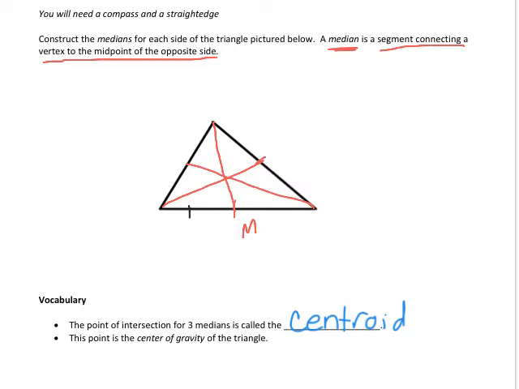If I put these markings in, that'll show that these sides are split by that midpoint. The medians of a triangle are concurrent, and where they intersect, this point is called the centroid, and it's actually the center of gravity of the triangle.